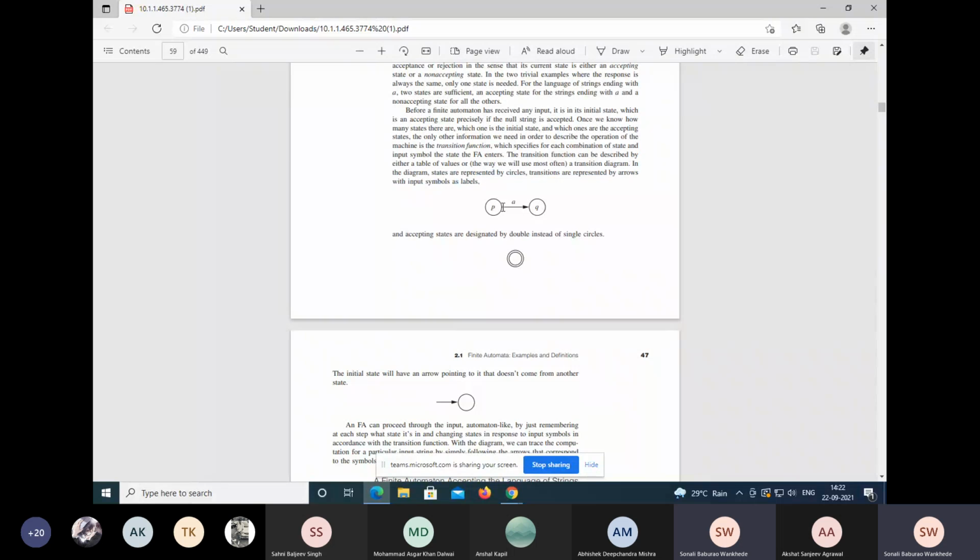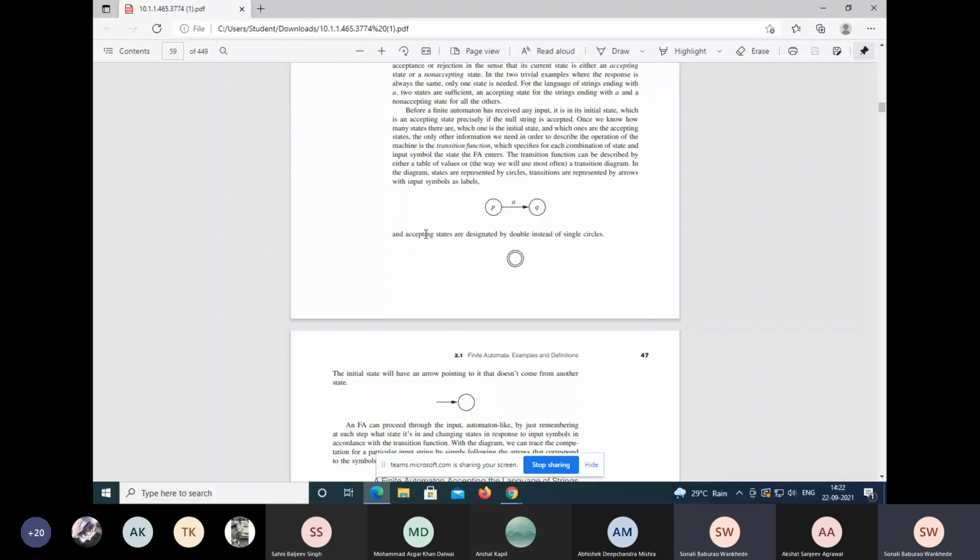Now when you check this diagram, tell me what are the states here? P and Q. Very good. And what is the transition? That's the arrow, right? And the value of that particular transition is the label. A is the label.